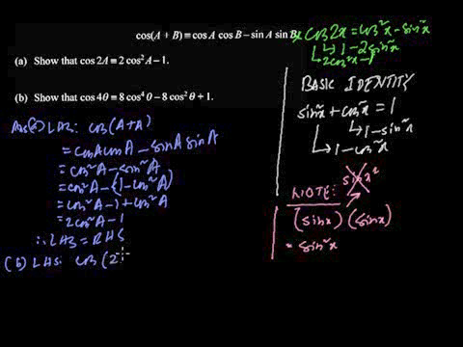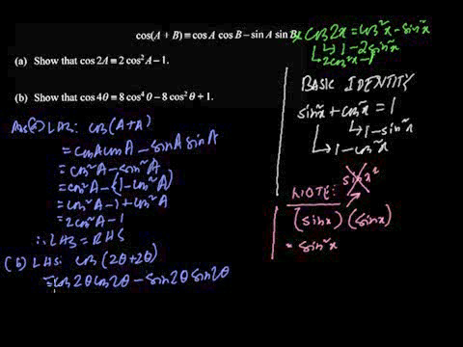So we know it's going to be cos cos minus sin sin. So this is going to be cos 2 theta cos 2 theta minus sin 2 theta sin 2 theta. Now here, since both the angles are the same, cos 2 theta and cos 2 theta, they're identical, so we can write cos squared of this angle minus sin squared of this angle.